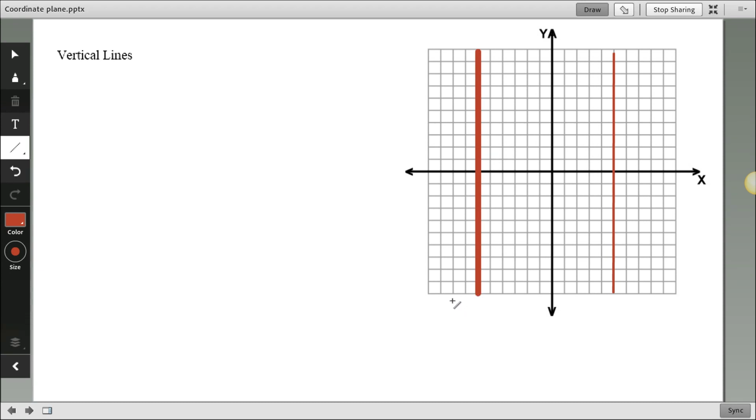And I'm going to focus on the one on the left. So let me delete the other one. I'll delete that one. So here is my vertical line.